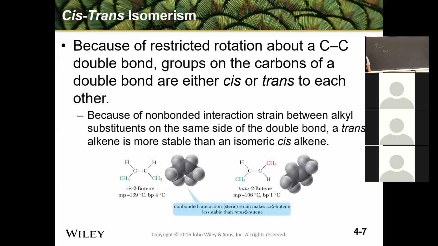So this one is trans, and then this one is trans.